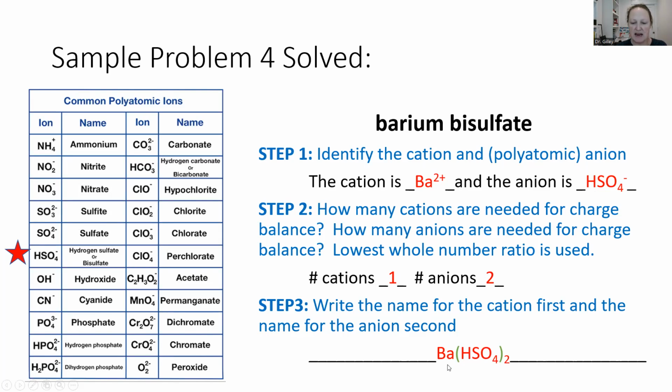So we write Ba for barium. Parentheses are needed around HSO4 because we need 2 of them. So if we need 2, we have to use parentheses to be able to place the subscript 2 outside of those to indicate that 2 bisulfates were necessary to balance out the cation.